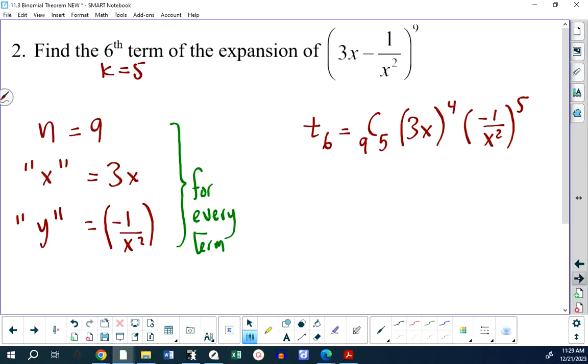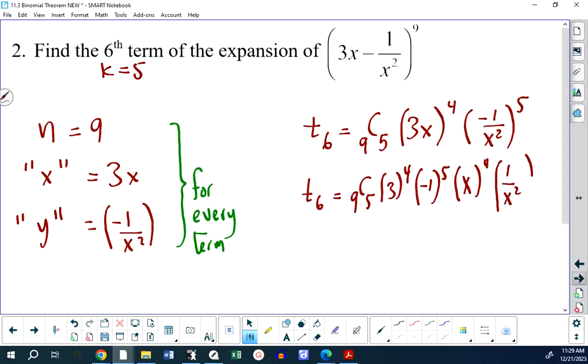I'm going to again rewrite this as 9 choose 5, 3 to the 4, negative 1 to the 5, and then it's x to the 4, and it's 1 over x squared to the 5. So I hope you understand that all I'm doing is separating the coefficients from the variables. So what do we have for variables?